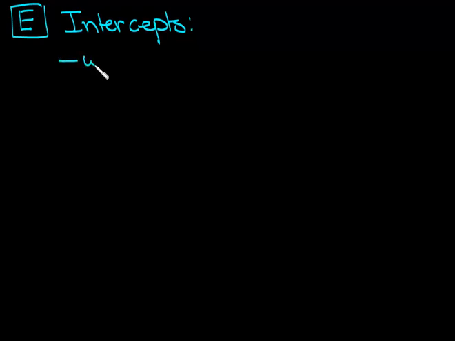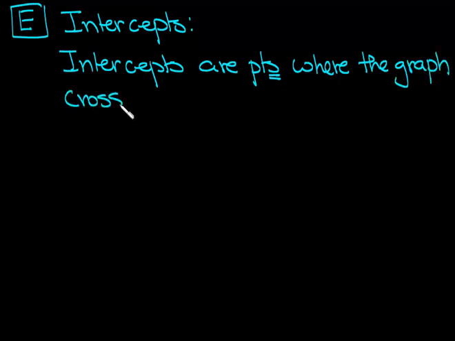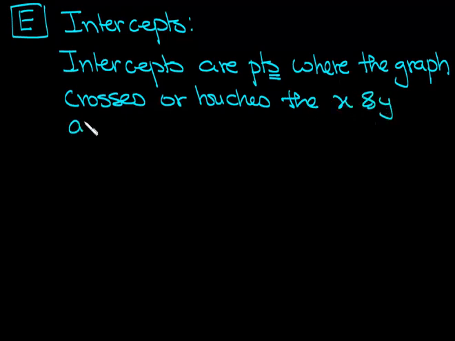is a concept called intercepts. Okay, intercepts are points, again plural, where the graph crosses or touches the x and the y axes.